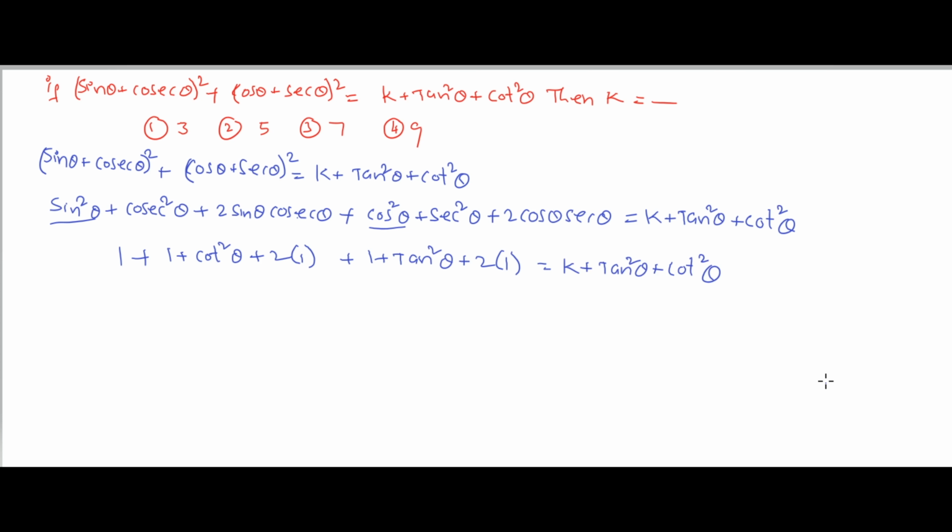That is 1 plus 1, 2, plus 1, 3, plus 2 into 1, that is 4, 4 plus 1, 5, 5 plus 2 into 1, 7, that is 7 plus cot square theta plus tan square theta, equal to k plus tan square theta plus cot square theta. Equating these two equations, k is equal to 7. That is the answer. The third option is the correct answer.